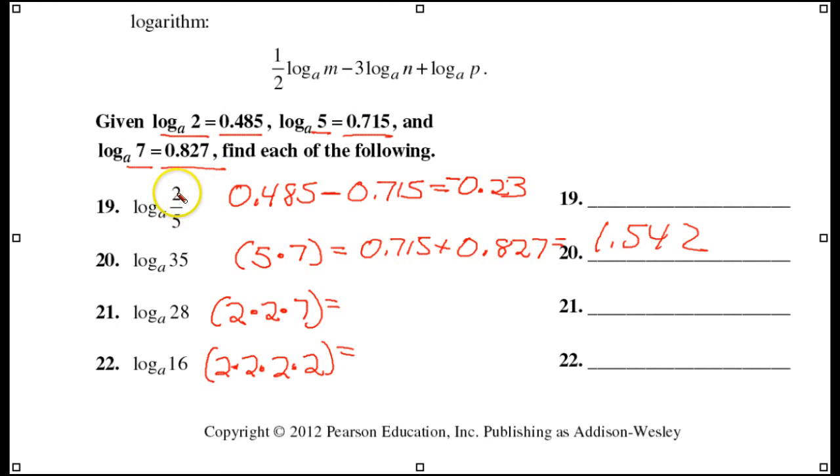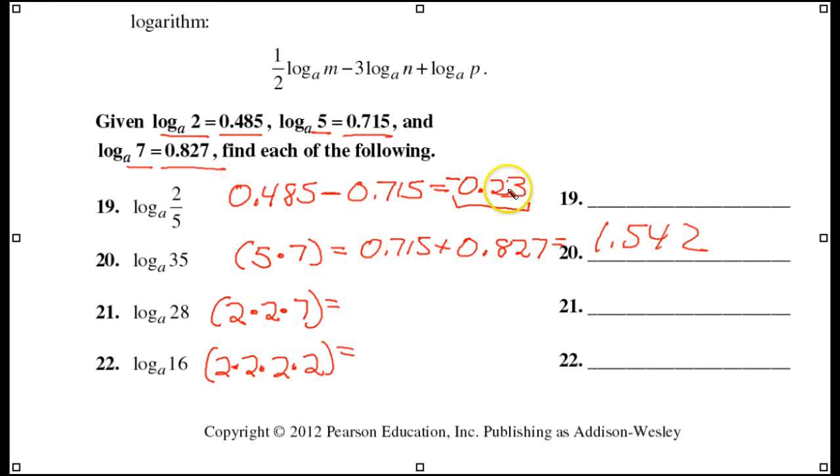And then here it's 2 divided by 5. But remember, these are exponents. So when we are dividing exponents, we subtract them. So we're going to take our value for 2, which is this, minus our value for 5, which is this, and it gives us this value.